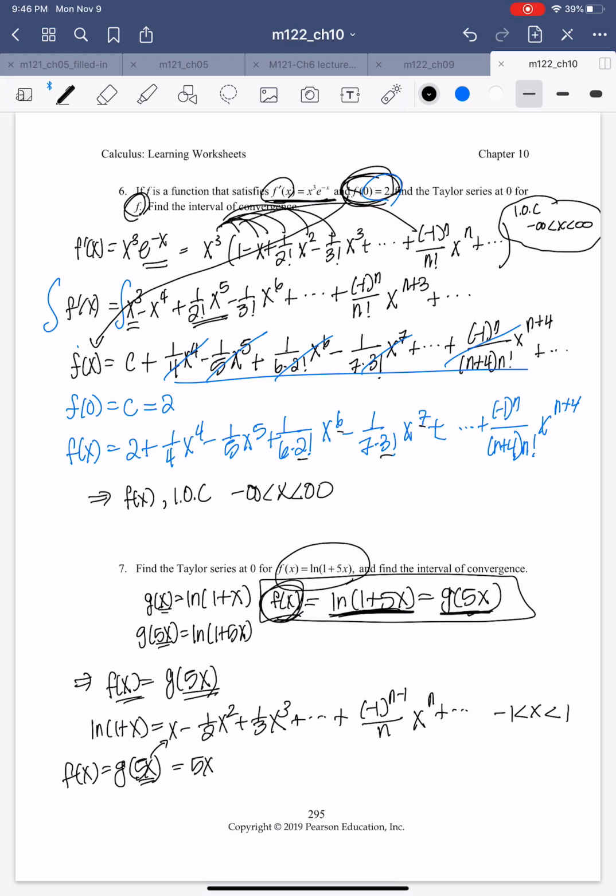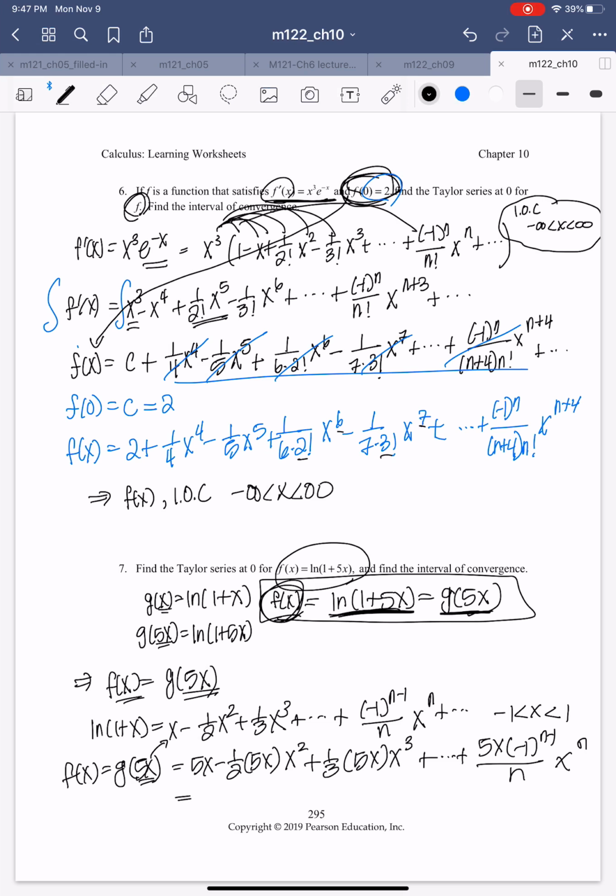So 5x, minus 1/2 of 5x squared, plus 1/3 of 5x cubed, all the way up to negative 1 to the n minus 1 over n, 5x to the n.